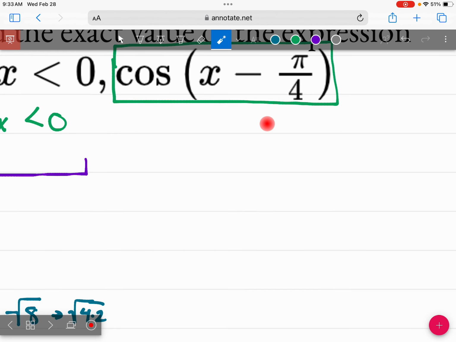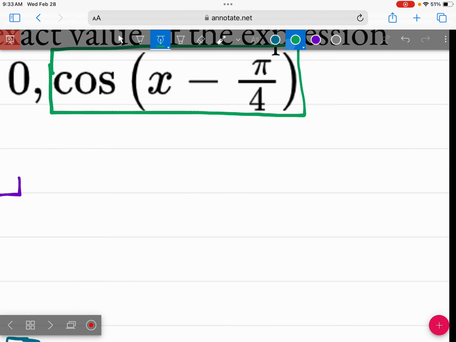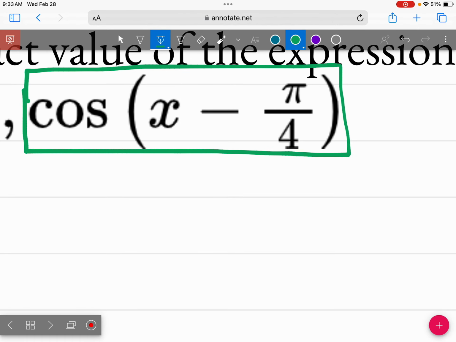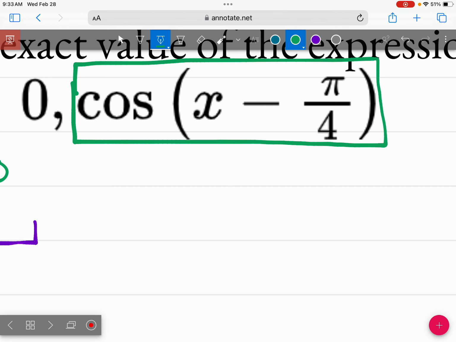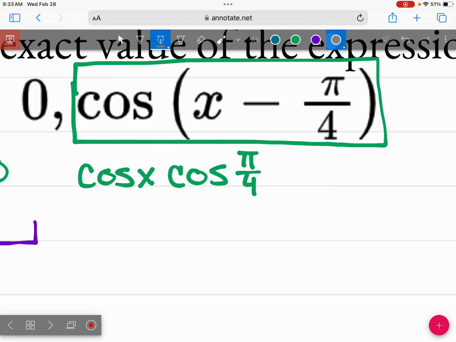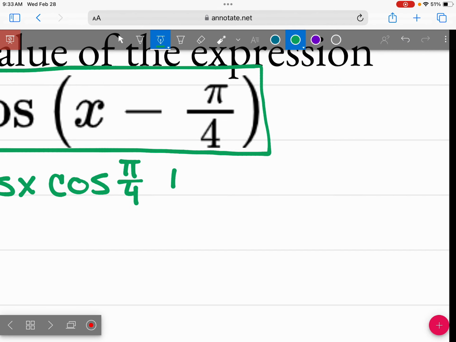So then we're going to use our difference of cosine formula. Cosine keeps its cosines together, keeps its buddies together. So we're going to have cosine of x, cosine of pi over 4. It uses the opposite sign, so it's going to use a plus.